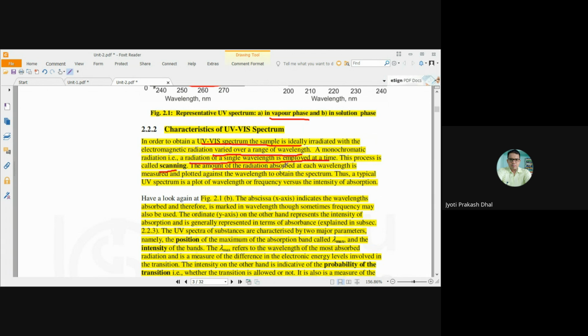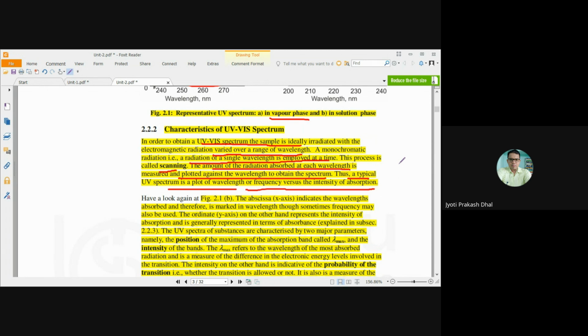So the amount of radiation absorbed at each wavelength is measured and plotted against the wavelength to obtain the spectrum. Thus, a typical UV visible spectrum is a plot of wavelength or frequency versus intensity of absorption. During scanning, the unknown sample interacts with different single-wavelength electromagnetic radiations.